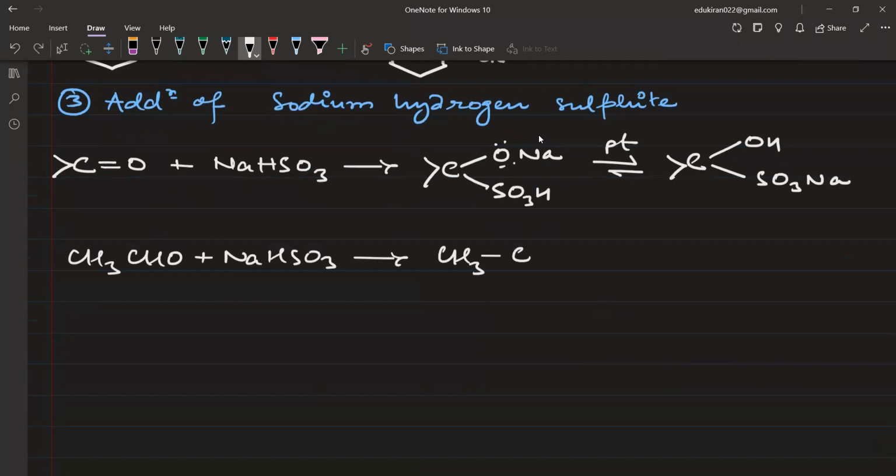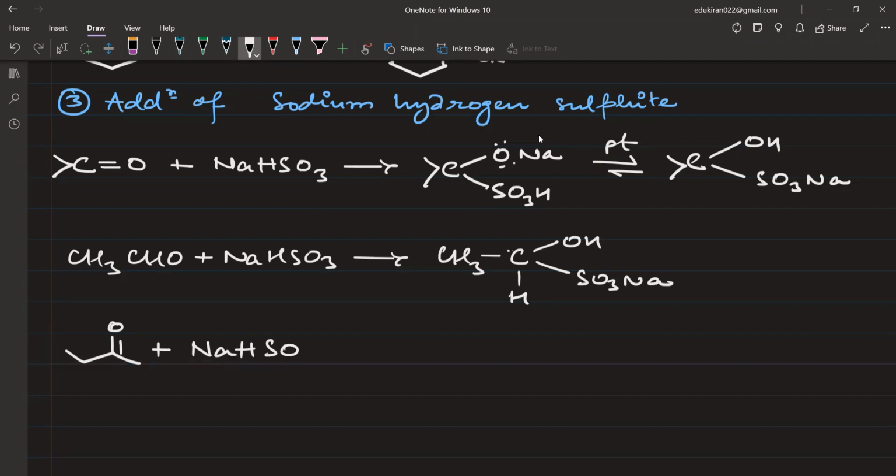Now this carbon atom gets OH and SO3Na. If you have something like this, a ketone plus NaHSO3, you'll have OH and SO3Na.